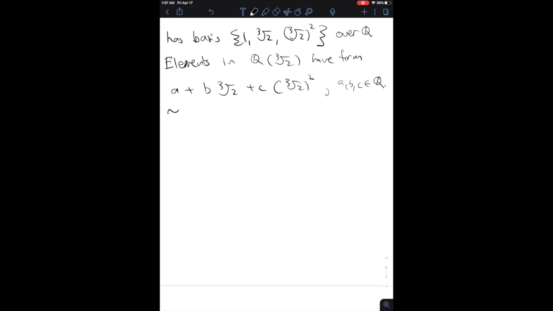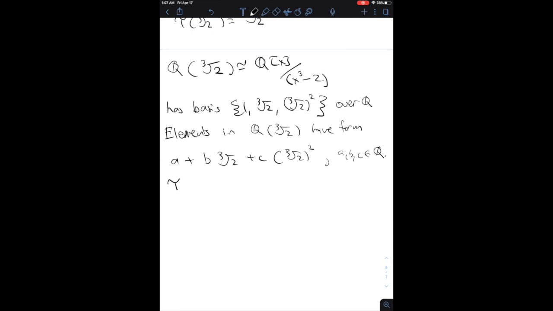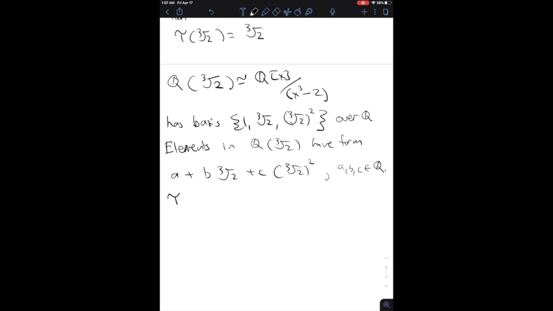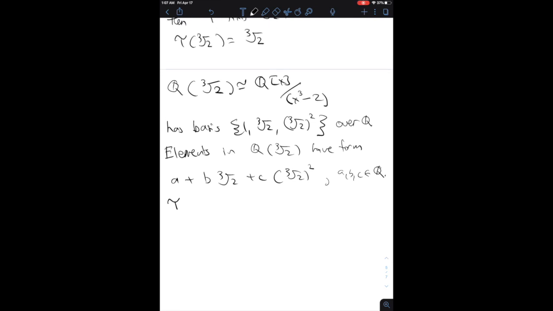I shouldn't say equals here, I should say isomorphism, for A, B, C in Q.